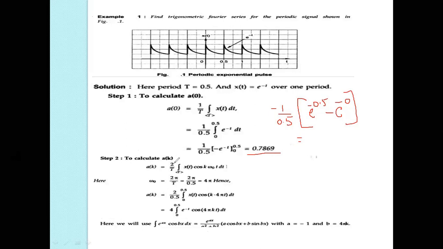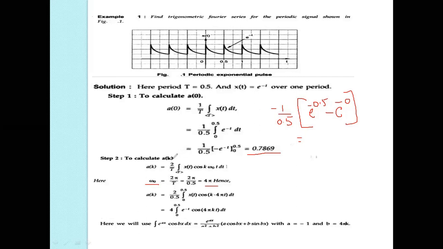And for step 2, to calculate a of k, the formula is 2 by T, the integral over T of x of t cos k omega naught t dt, which is the second term of the trigonometric Fourier series equation. As omega naught is equal to 2 pi by T, that is 2 pi f, where f is inversely proportional to the time period, so 2 pi by 0.5. 0.5 is nothing but 2, so 2 into 2 pi is 4 pi as omega naught.